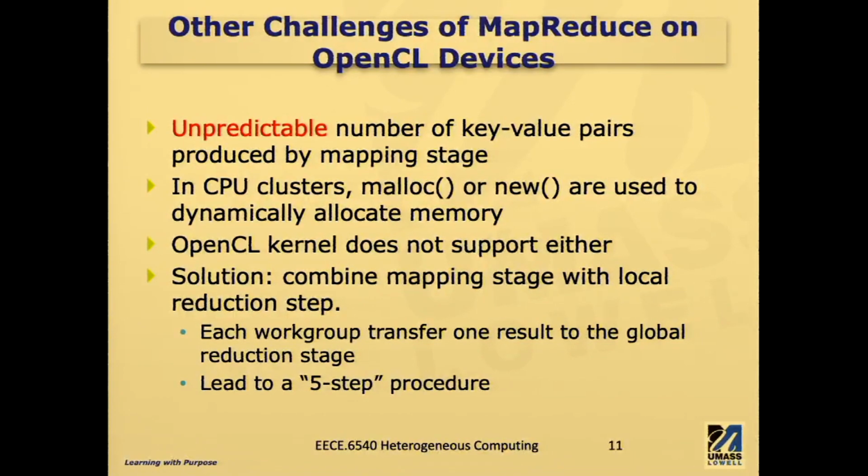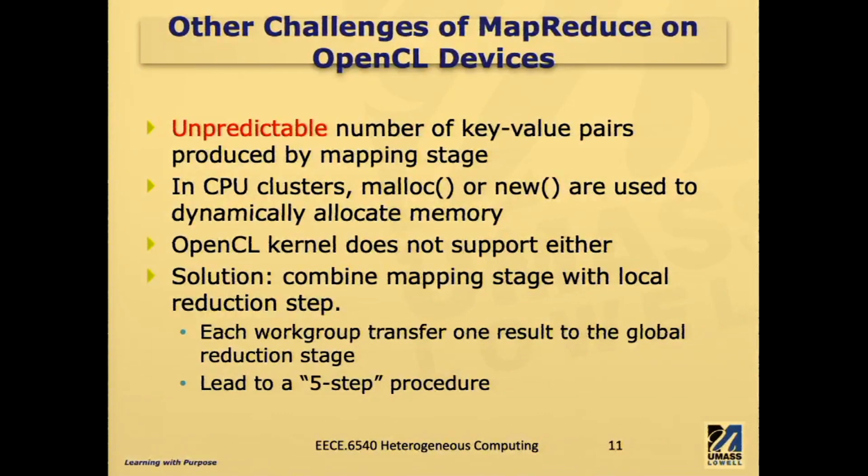In CPU clusters, if you run Windows or Linux, you can use malloc or new to allocate these memory spaces on demand based on the number of key value pairs you produce from the mapping process. But the OpenCL kernel does not support either of them. So there's no dynamic memory allocation. You have to really specify the number of bytes that you need to use in local memory and global memory.